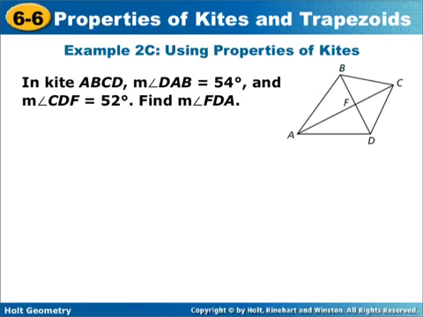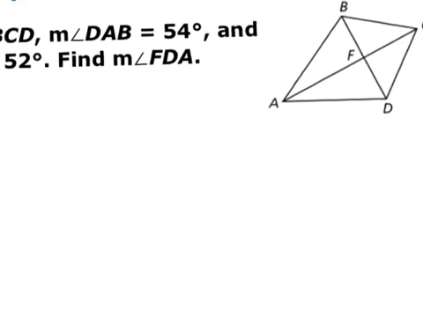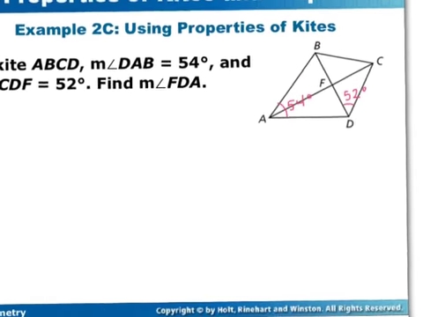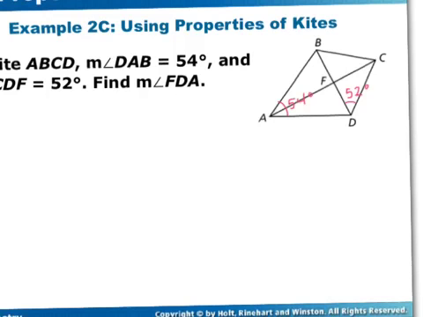One more with those same numbers. We write those in again. We've got 54 here, 52 here. And we just found some other ones, but we'll see what we need. Angle FDA.